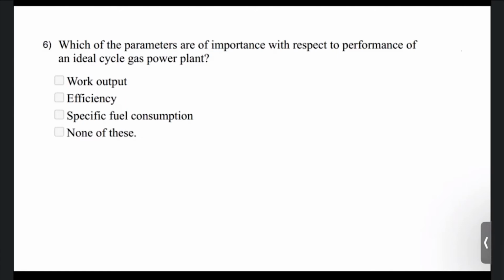Both the work done and efficiency are directly related to fuel consumption. The total work done is something we are always concerned about, so this option is right. As for efficiency, we always talk about it, like efficiency is 1 minus 1 by r raised to the power (gamma minus 1) upon gamma. So we are always concerned about the efficiency.